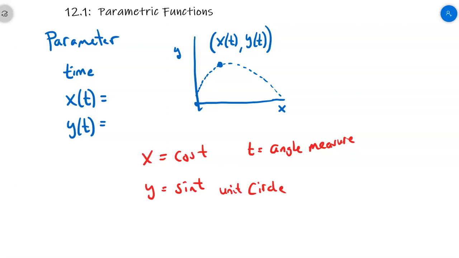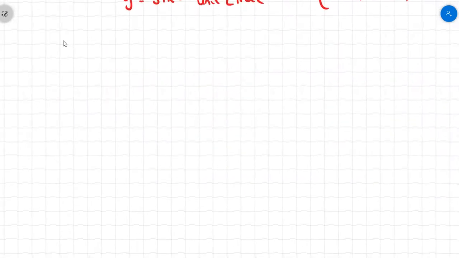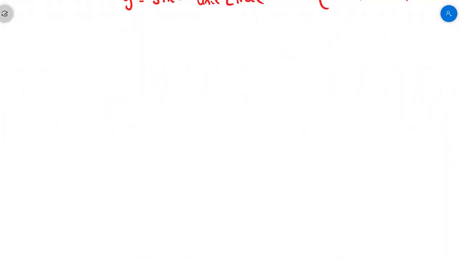Where every coordinate on the unit circle is cosine of some value, sine of some value, except in this case the parameter is not time, the parameter is an angle measure. So sometimes it makes it easier to define graphs in terms of parameters than strictly in terms of x's and y's. So here, let's take a look at this example.